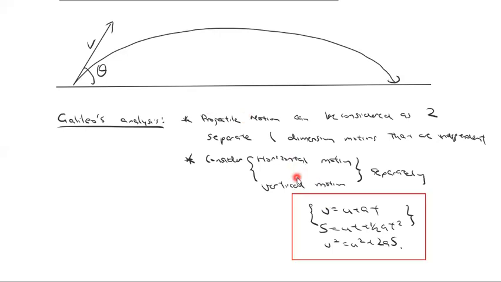That also relies on your skill in module 1 to be able to separate out components. What allows us to do that is Galileo's analysis, that we can separate into horizontal and vertical components and look at them separately.